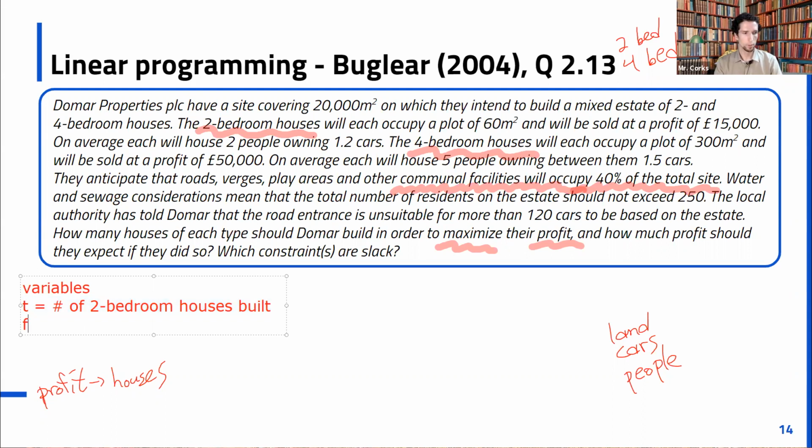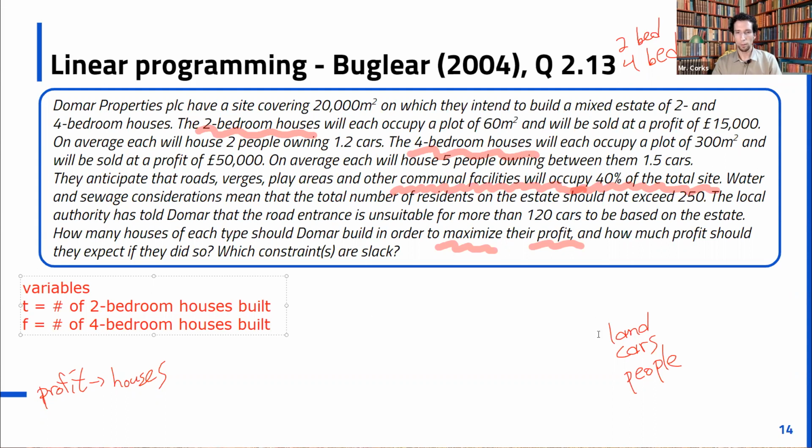And F? The same thing, but for the 4-bedroom houses. Okay, so T for 2 and F for 4. So we have two variables.